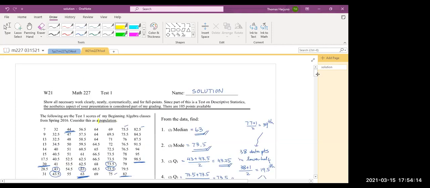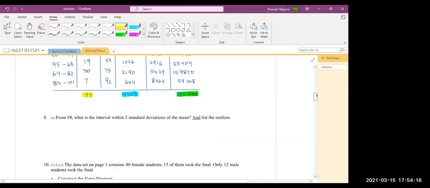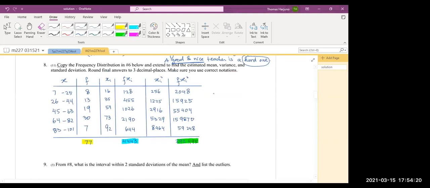So in this class, if I want to find the population mean mu, that will be 4,443 over 77. 4,443 divided by 77 is 57.701.